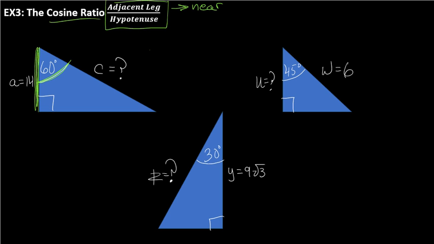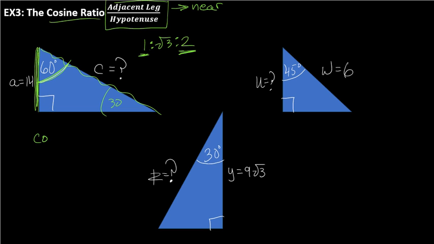It's the ratio of the adjacent leg to the hypotenuse. So, the cosine of a 60 degree angle, right? So we know this is a 30, 60, 90. So this would be 1, square root of 3, 2.